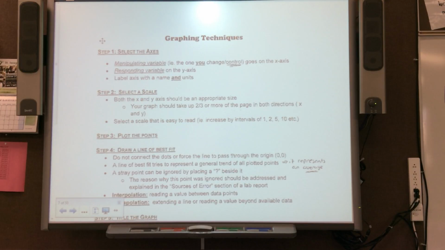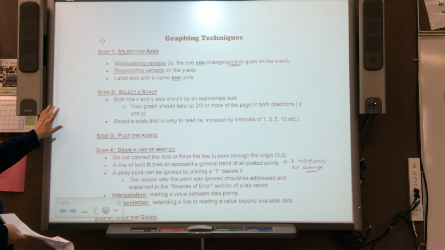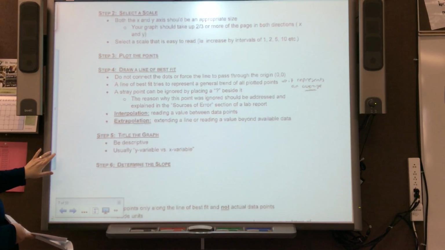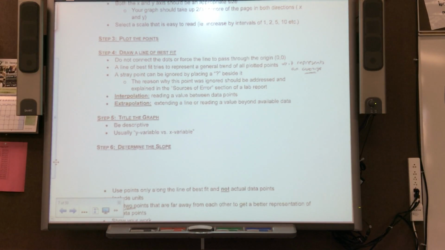You plot your points according to your X and Y coordinates, and then you draw a line of best fit. And the line of best fit doesn't necessarily force everything through 0. It's the one that represents the trend of all of the plotted points. So it represents an average. You can have a stray point and we can ignore it, but usually the trend acceptance for a line is 19 out of 20 data points has to be accounted for.